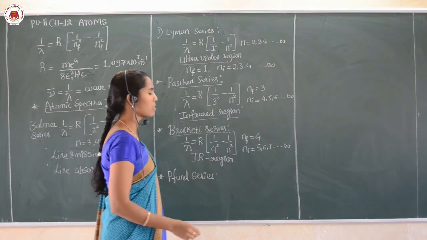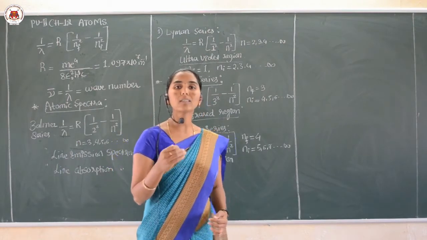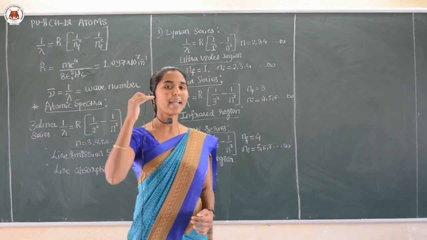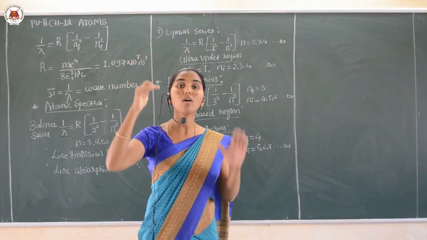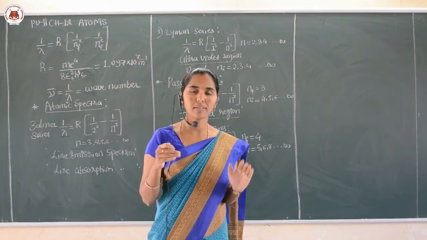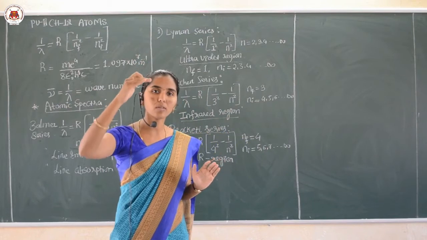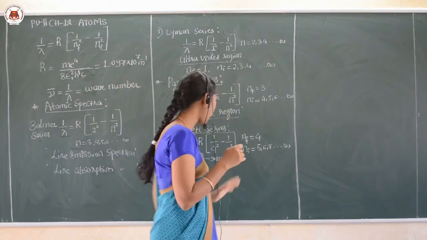The Pfund series is obtained when an electron makes a transition from higher energy orbits to the fifth energy orbit of the hydrogen.